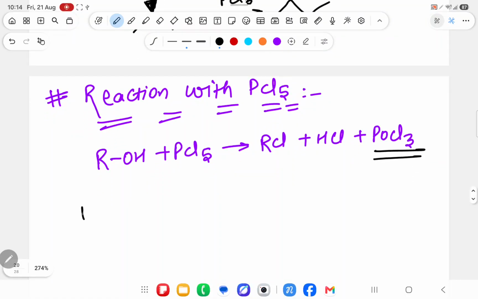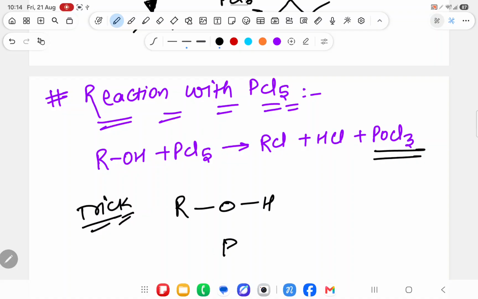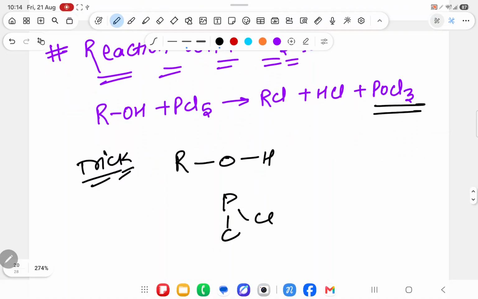Over here I will give you a trick to understand what is happening. Take the alcohol like this, ROH, and over here PCl5 with 5 Cl.